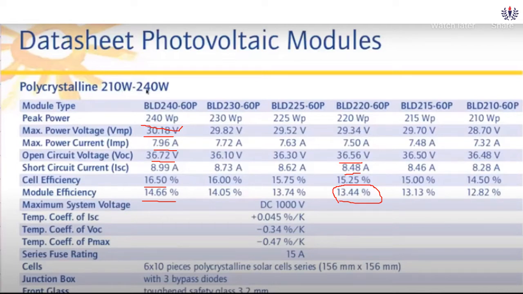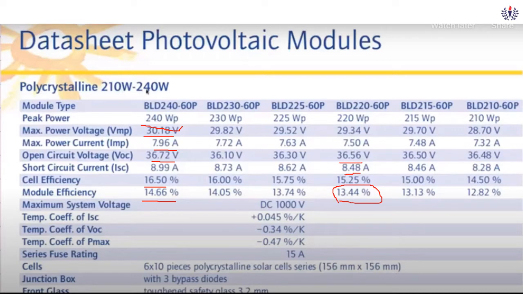So when there is an increase in the power rating, the values of all the parameters like maximum power, maximum current, open circuit voltage, short circuit current, cell efficiency and module efficiency are high, but for the lowest power rating, the values are lower.